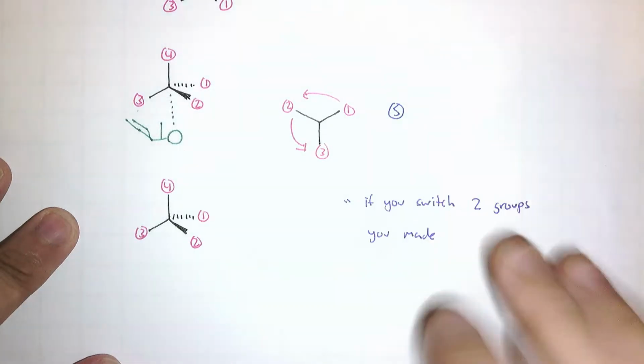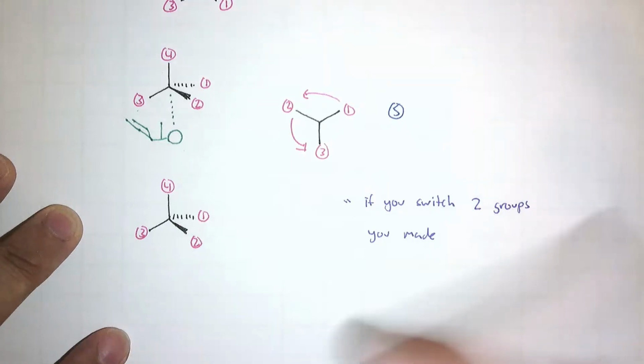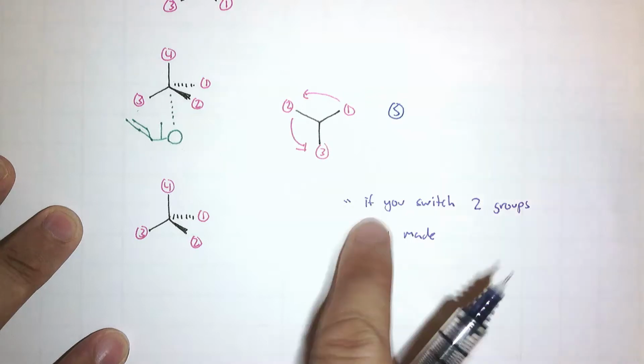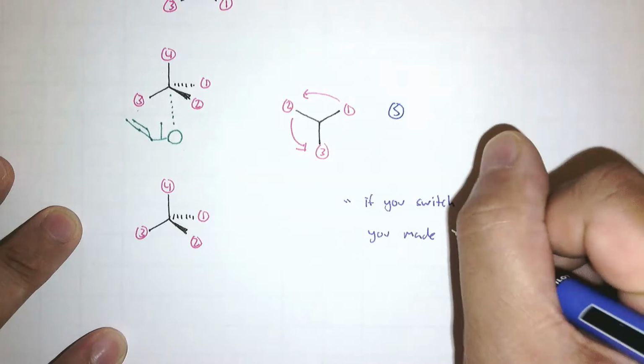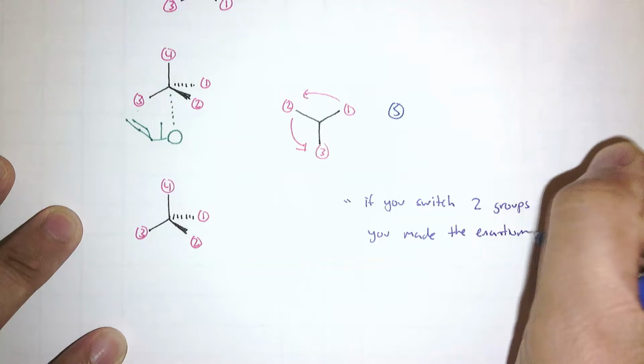I don't like doing it this way because it requires me to redraw the molecule, and every time I redraw a molecule, I'm always afraid that I'll redraw it incorrectly with the wrong stereochemistry. But let me show you this trick real quick. If you switch 2 groups, you made the enantiomer, or you could say the opposite stereochemistry.